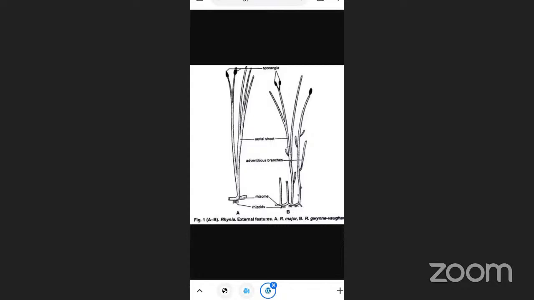What is the habitat? There is evidence that the plants of genus Rhynia grew in swampy marshes near volcanoes, where the surrounding atmosphere was full of sulfurous vapor. Where sulfurous vapors are there, the Rhynia would grow.